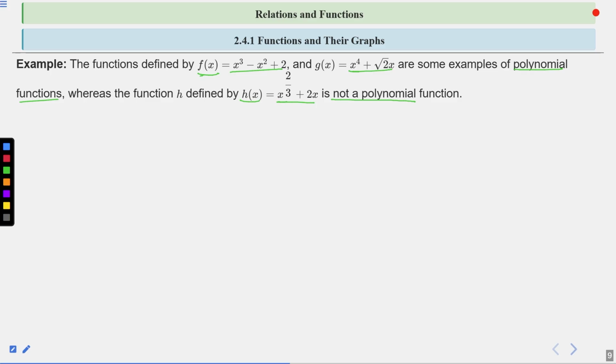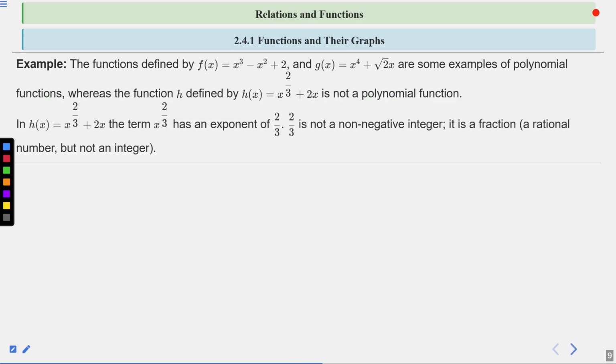If you recall the definition, we want the exponent of x to be non-negative integers. Clear? So h(x) is not a polynomial function. The exponent 2 by 3 is a fraction, a rational number, but not an integer. Clear?